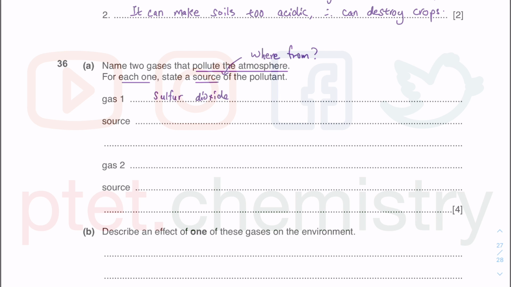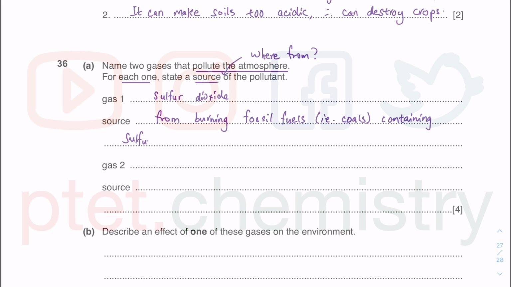And then, of course, the source comes from burning fossil fuels such as coal, i.e. coals that contain sulfur.